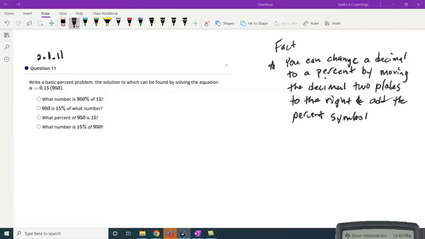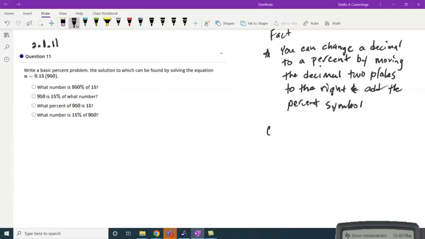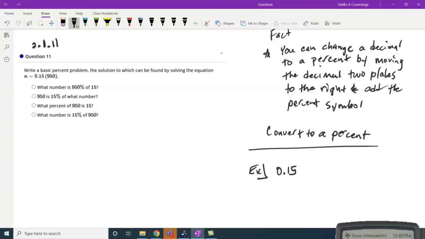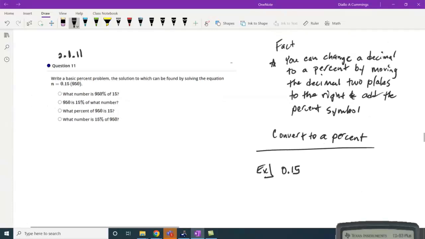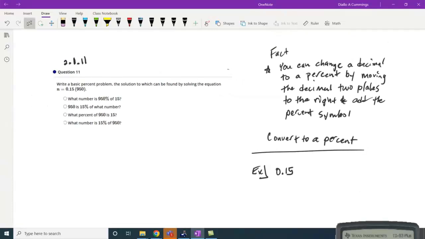So here are some examples. The directions tell us to convert to a percent. All right, so the fact just says that you can change a decimal to a percent by moving the decimal 2 places to the right and simply attaching a percent symbol.